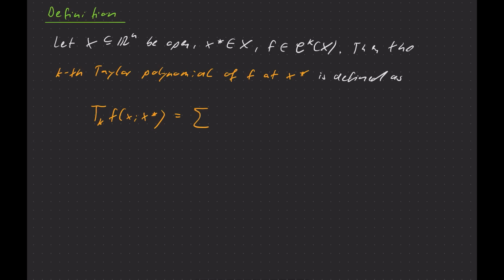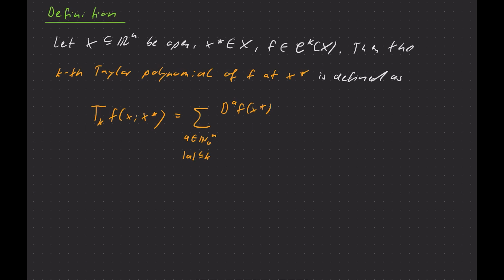And it is defined as the sum of all vectors a in N_0 to the n, where the absolute value of a is at most k. So the elements sum up to at most k. The highest combined degree that we get is k. And you remember in the one-dimensional case we had the nth derivative. So in this case what we do is we take the derivative D^a of f at the point x star.